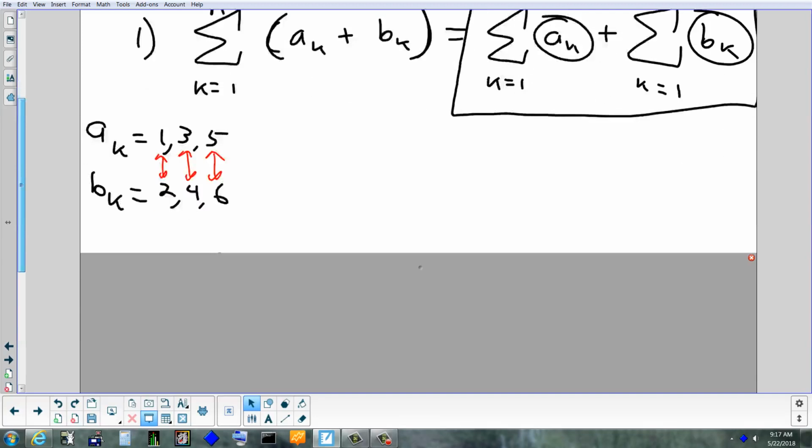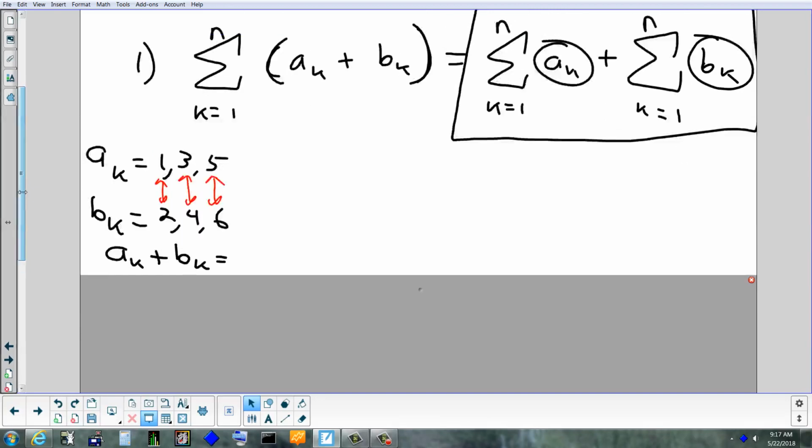And that's going to create a new sequence. So A sub k plus B sub k equals 1 plus 2, gives me the new first term 3. 3 plus 4 gives me 7. 5 plus 6 gives me 11. Okay. Any questions on that?